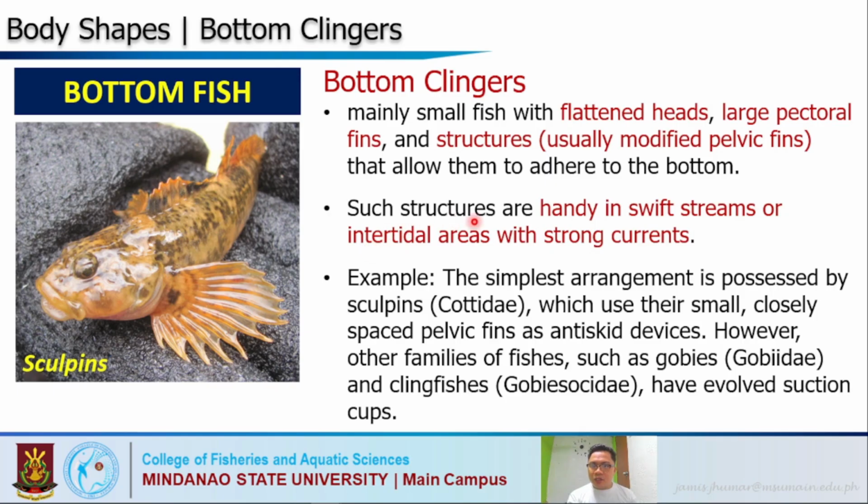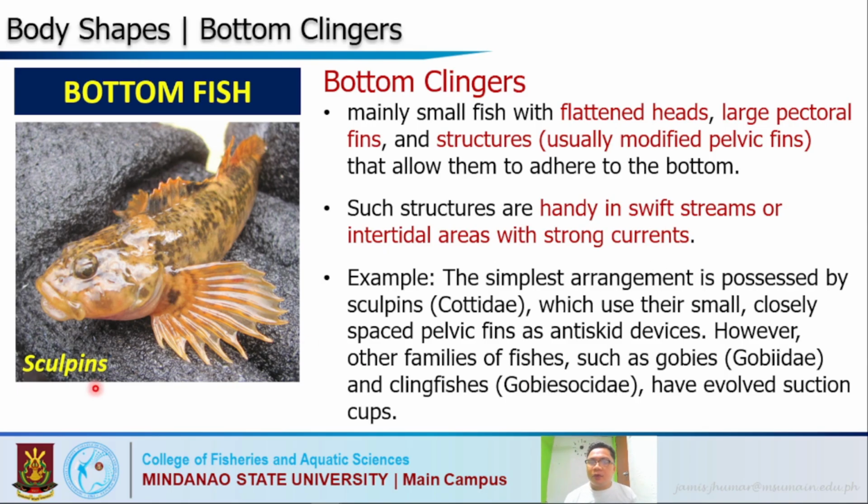And such structures are handy in swift streams or intertidal areas or with strong currents. So they are known to be bottom clingers. And they sometimes have this parang suction cup to cling on surfaces like rocks and surfaces like sandy bottoms.